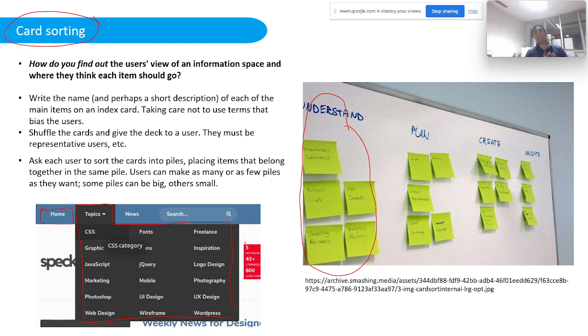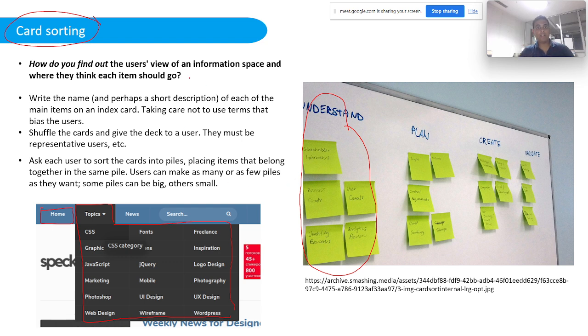Now, if this information distribution is not a match with the user's mental model, then often the user may find difficulty in navigating through your website or your application, and that may be catastrophic for your user interface.